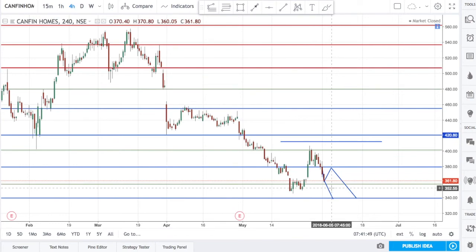So remember, we have a trade on Canfin Homes only if the prices retrace back, get rejected, and push down with a strong bearish candle along with solid references to support our trade. So let's see how this trade might play out in the next few trading sessions.